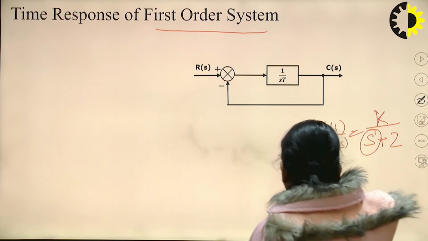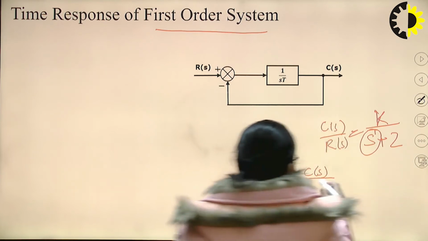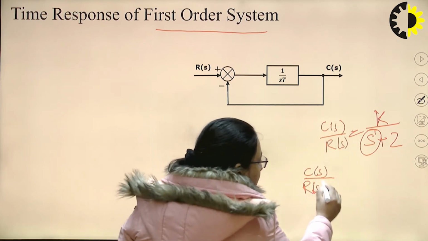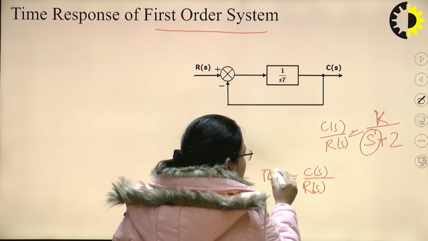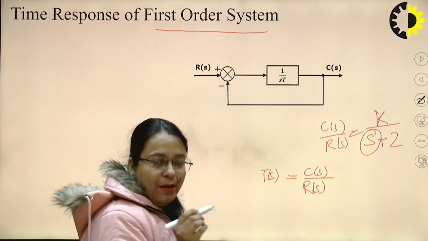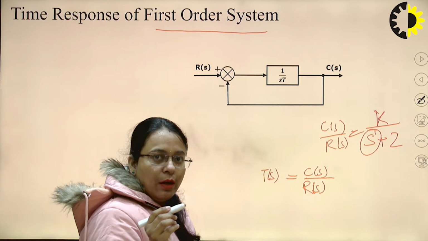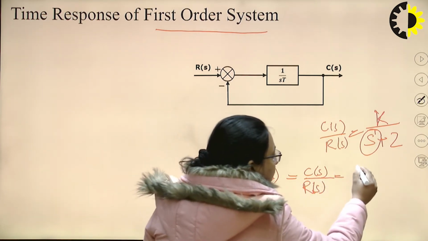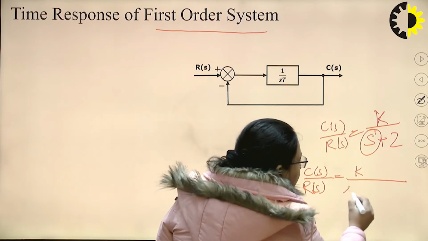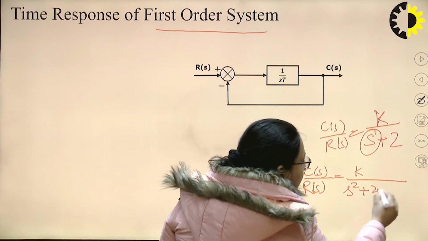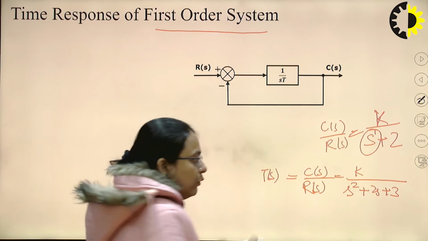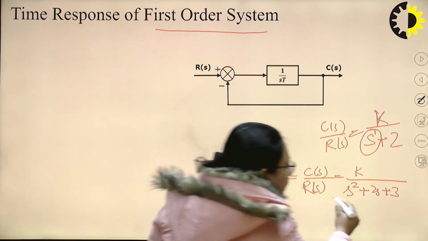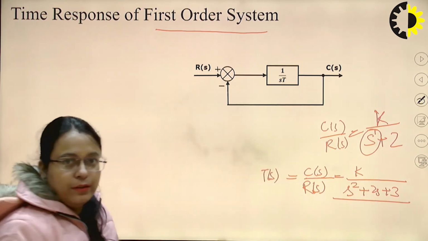Since we know the transfer function is C(s)/R(s), that is the Laplace transformation of the output to the Laplace transformation of the input. And if it is having, let's say, s raised to the power 2, 2s plus 3, this is the value of the transfer function. So this is the second order system. Why?